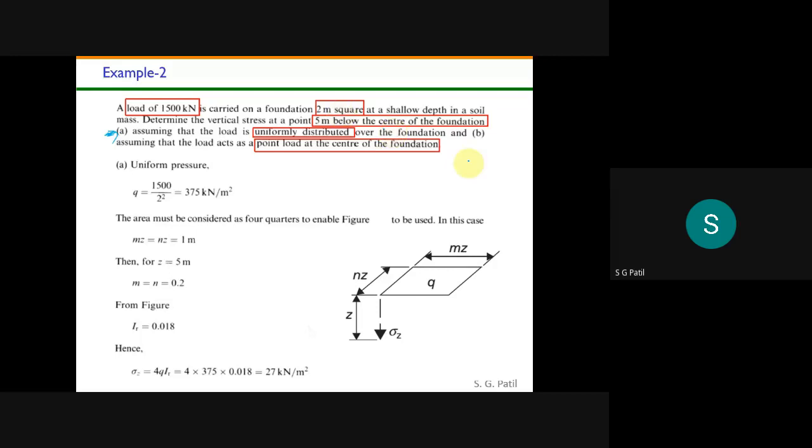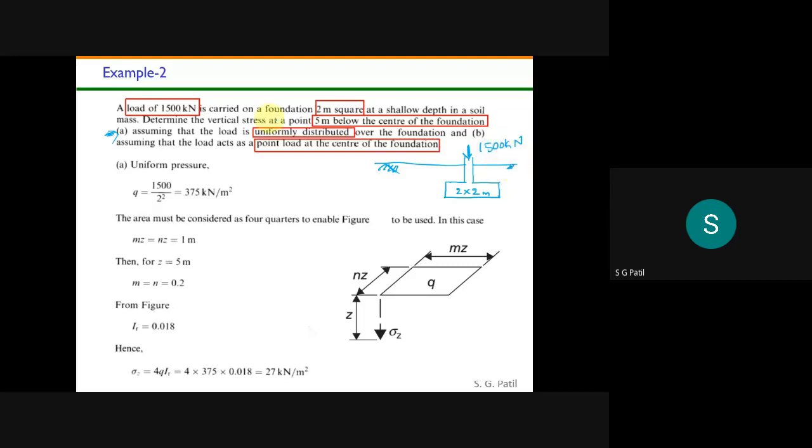So this is ground level. This is a 2 by 2 meter square footing. How much load is it carrying? 1500 kilonewton it is carrying.